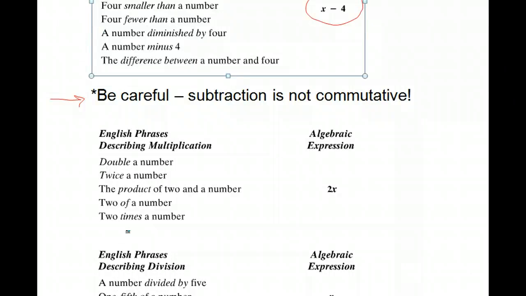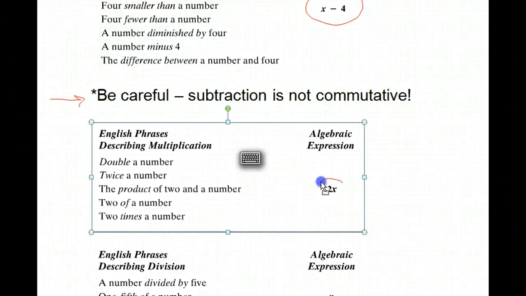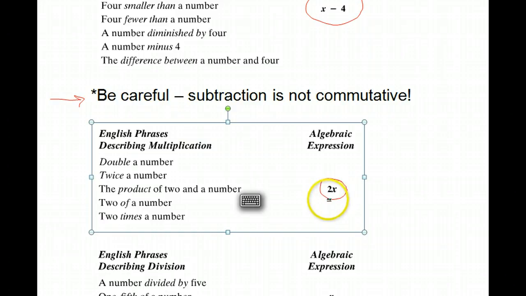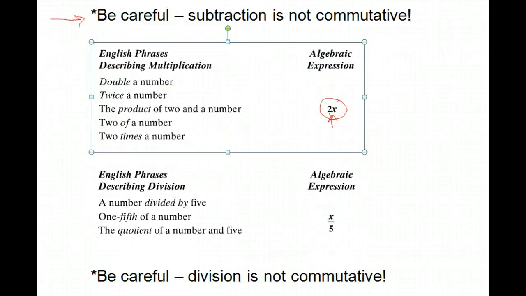Multiplication is commutative, so you could multiply in whichever order you want to. Good algebra, whenever you have a variable, does require you to write your constant term first and your variable term second so that you have the coefficient in the front. Just keep that in mind, please.